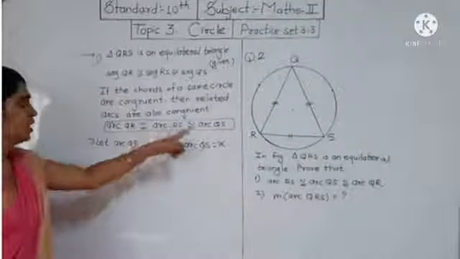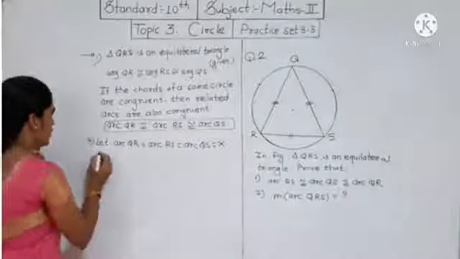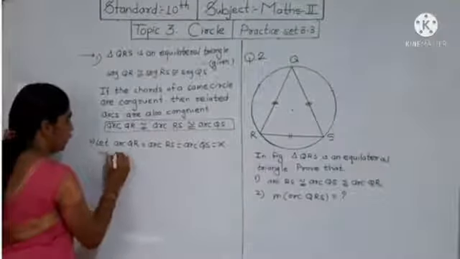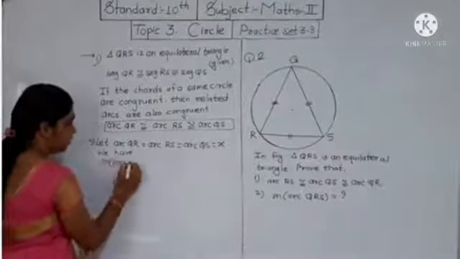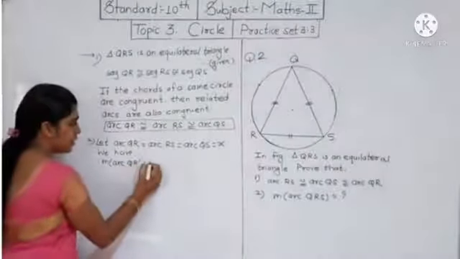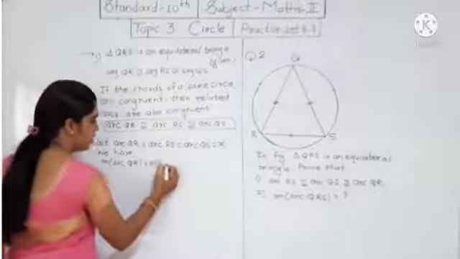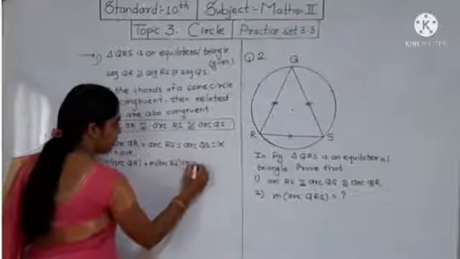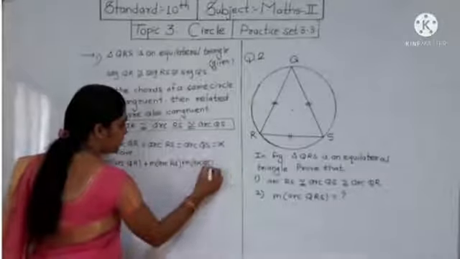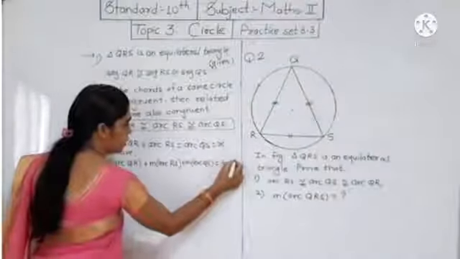We suppose these three arcs are the same, x. We know that major arc QR plus arc RS plus arc QS is equal to 360 degrees.